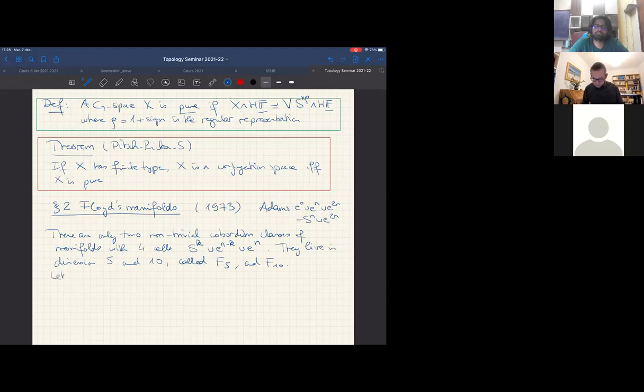So let's review his construction of F10, and then the fixed points will be F5. I will say what F5 looks like, but I will concentrate on F10 with a C2 action. Okay.